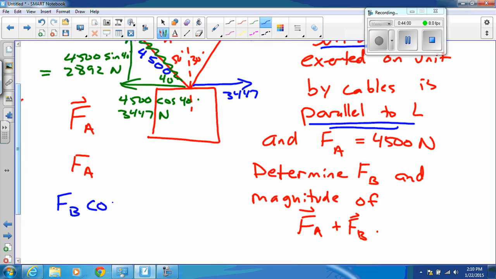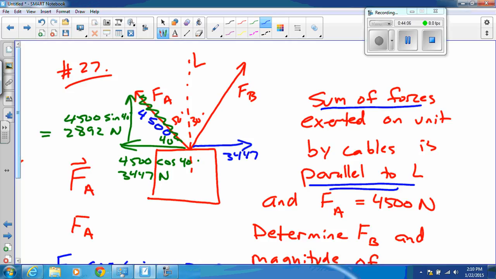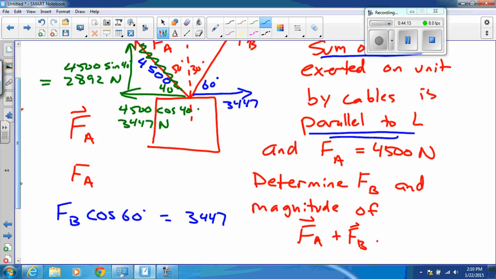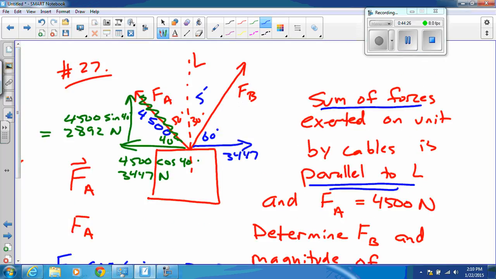I'm just going to write that as FB cosine of 60 equals 3,447, because FB times the cosine of 60 gives me the x component, and I know the x component. So I can reverse engineer the magnitude of the whole vector. What did you get for FB? 5,784. Good.